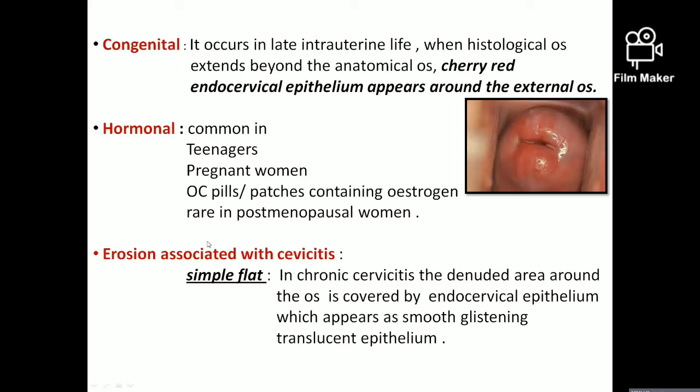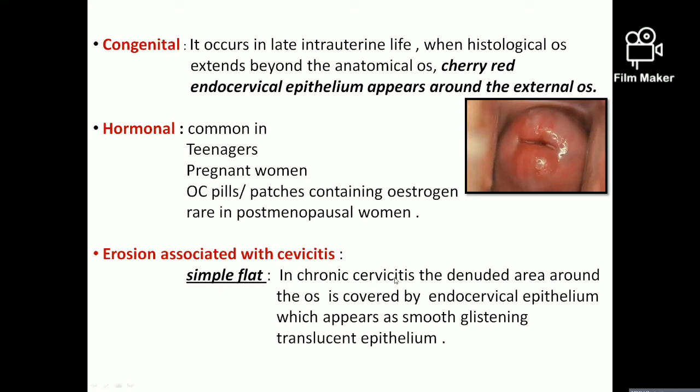Now, erosions associated with cervicitis. Students, you can see this is the clinical appearance on per speculum examination. The simple flat type looks like this. Now, if the erosion is associated with cervicitis, it is divided into two mainly. First, simple flat. What is this simple flat?